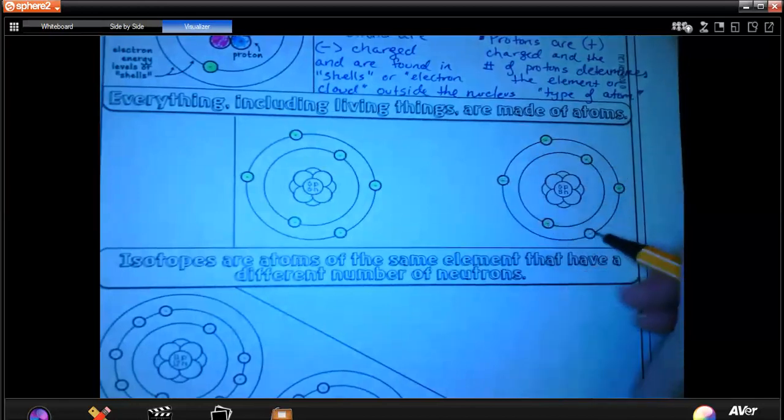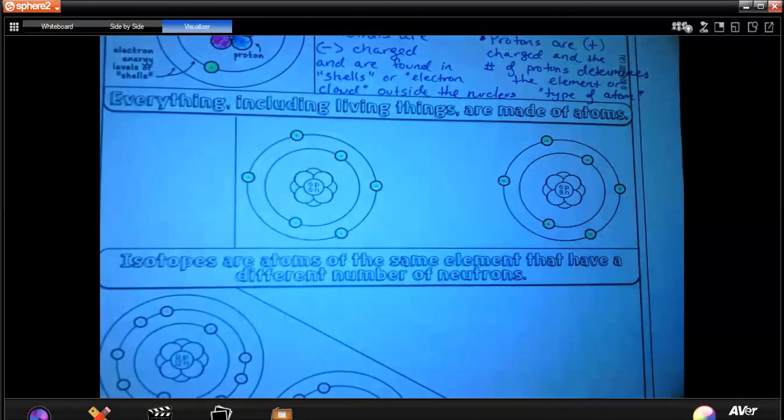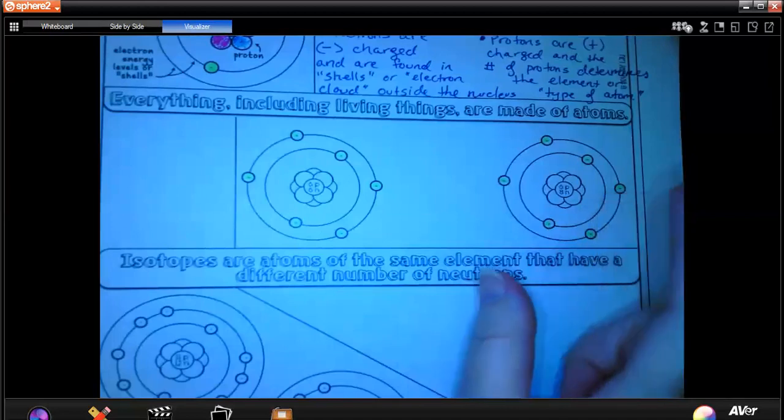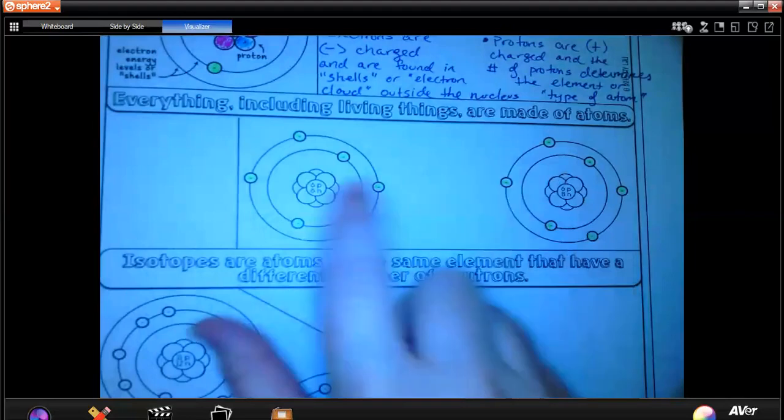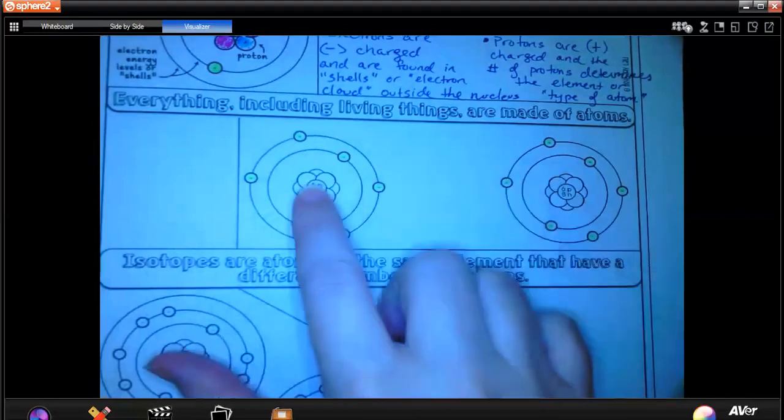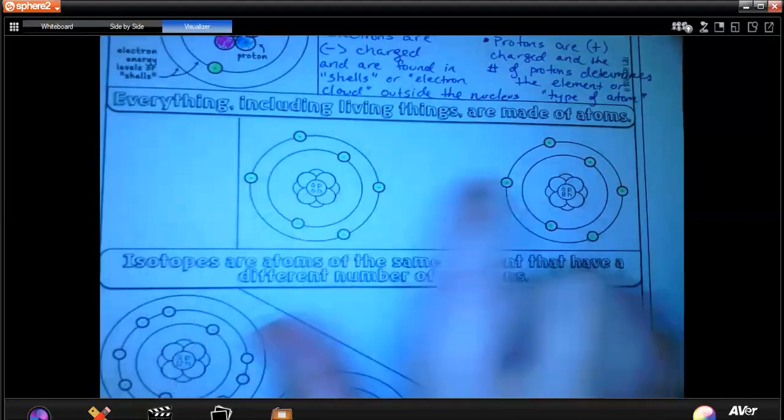The inside just tells me we have 6 protons and 6 neutrons, and then we have 6 protons and 8 neutrons. Remember, the protons plus the neutrons determine mass. So this is a higher weight atom, even though they're both carbon. They're both carbon, 6 protons. And so these are called isotopes.